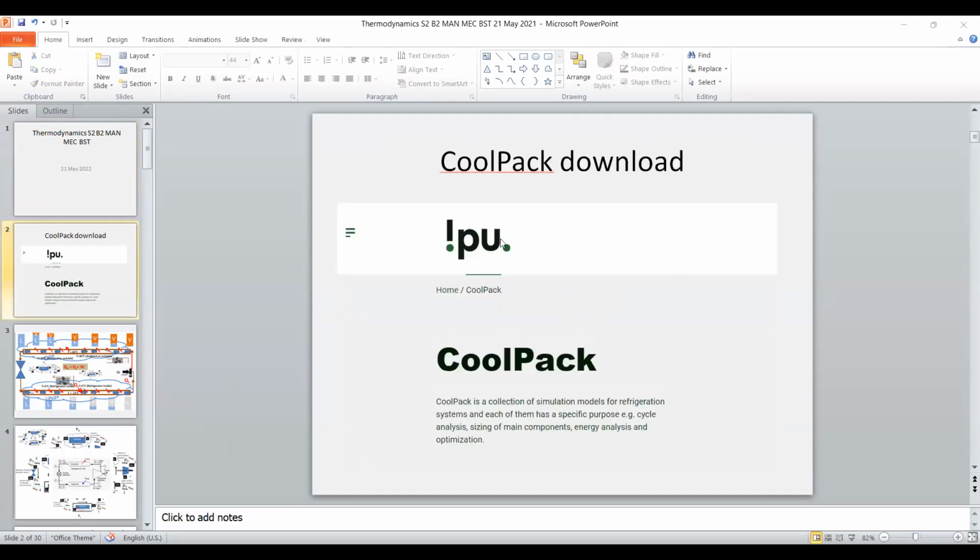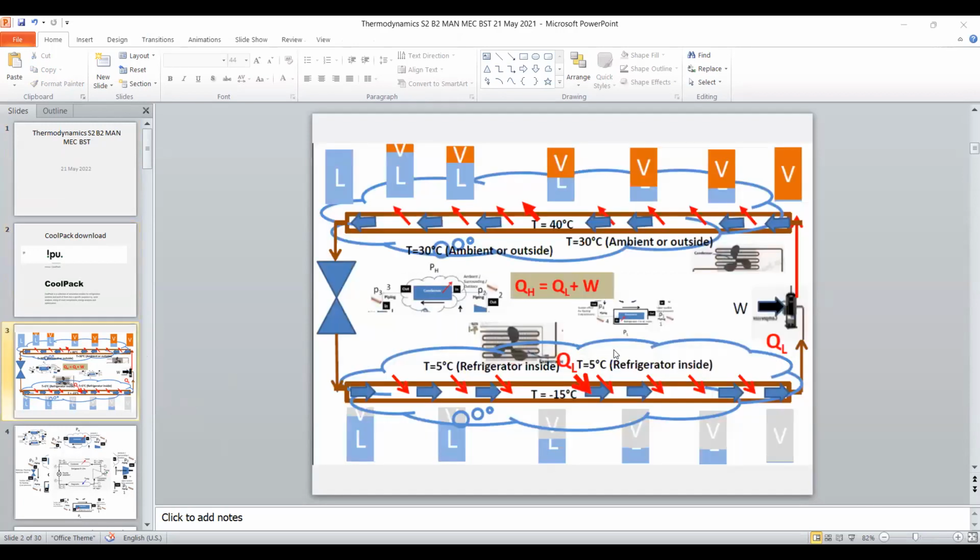So make sure you download this. We have learned about the basic flashing effect and the associated other three components, so all four components connected in a sequence so that there is a possibility of pumping heat from the low temperature side to the high temperature side.